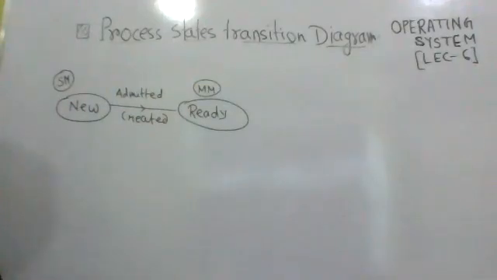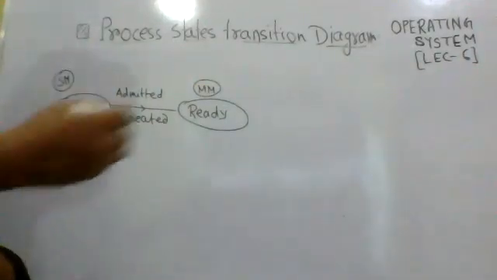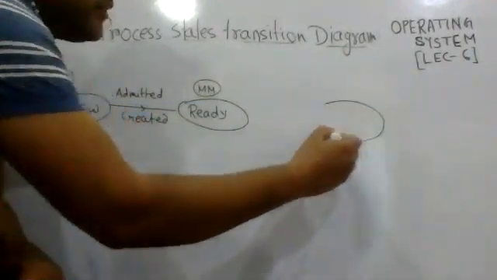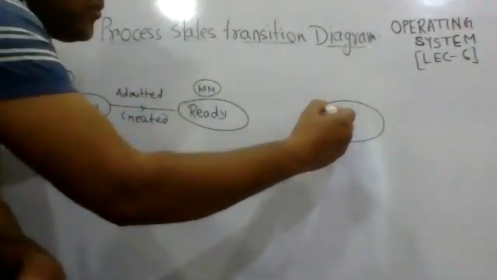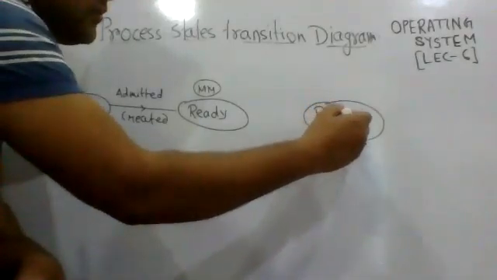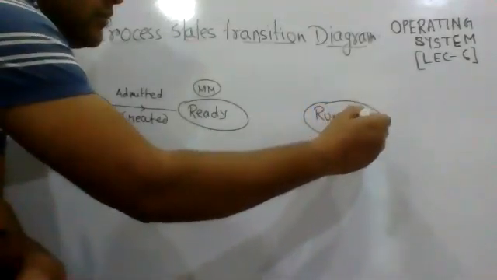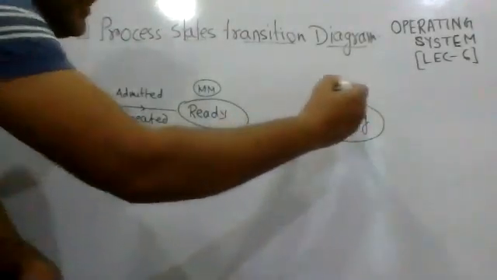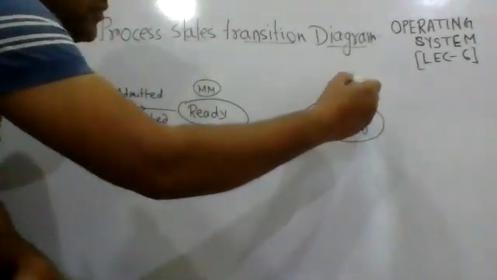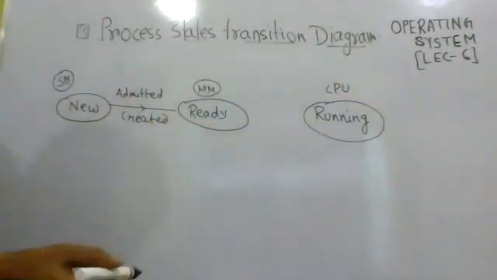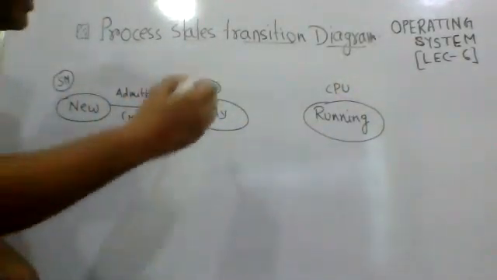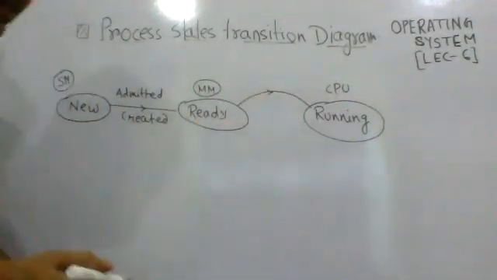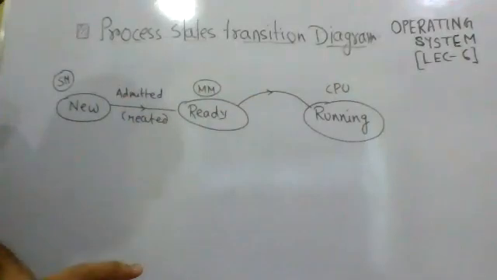After that we have another state called the running state. This is the concept of CPU, and here the event is called scheduler dispatch.